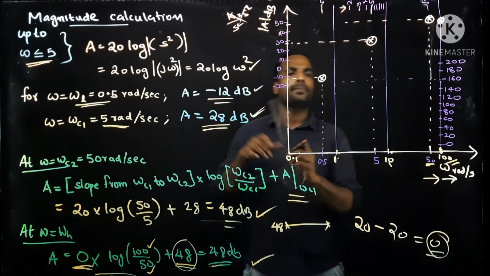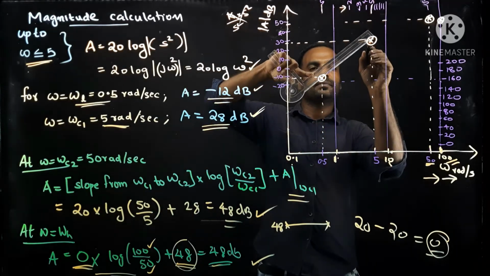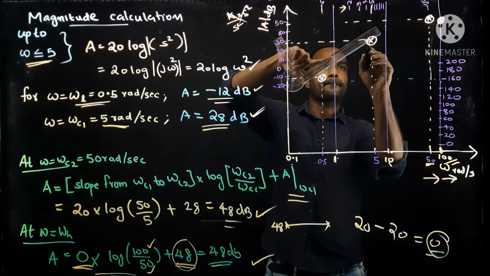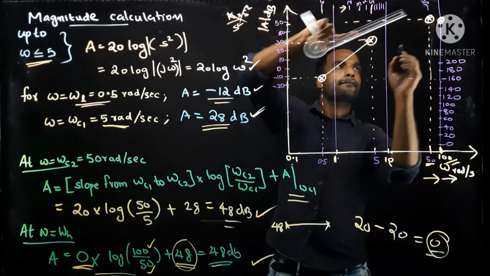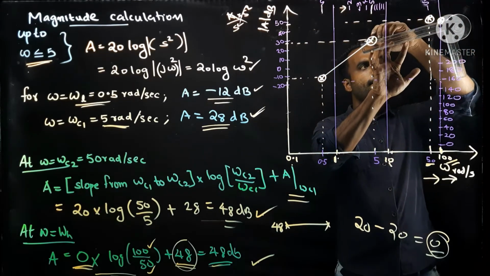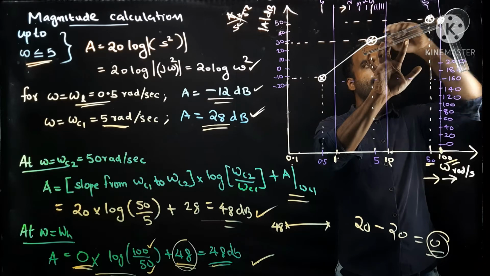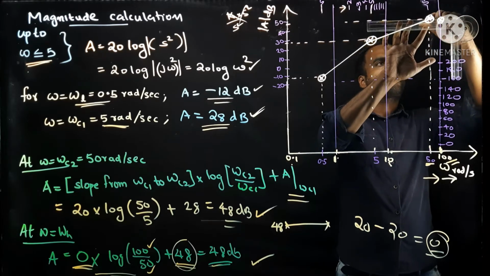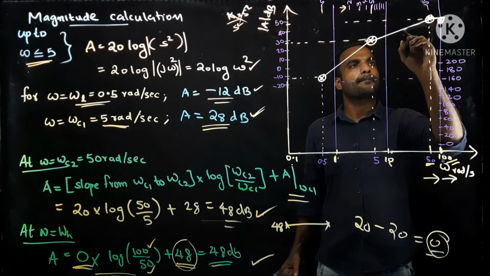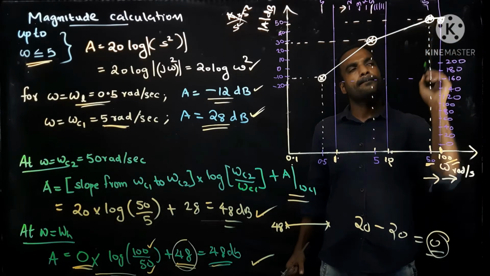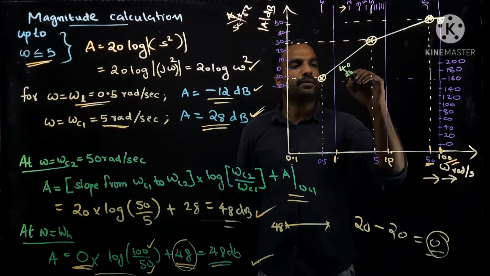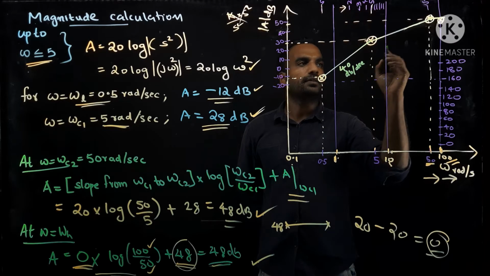We can draw by using the scale. This is 40 dB per decade.